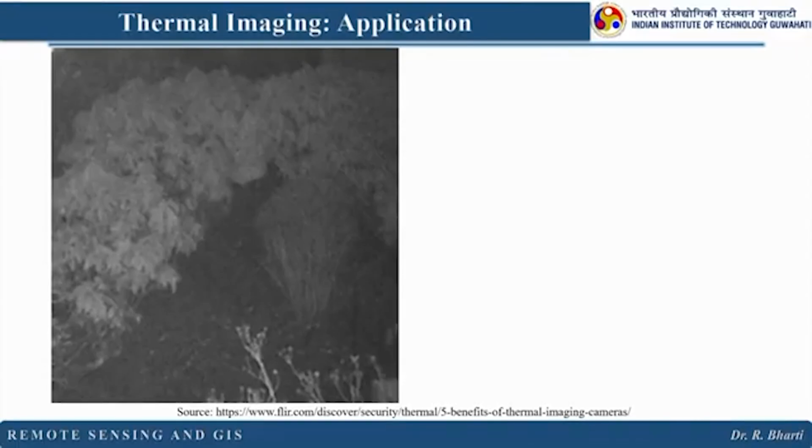This is the first example. This is a normal photograph in the visible range taken in the evening or maybe late night. You can see there are a few trees, some shrubs, and grasses. This is visible, right? But can you find anything here? No. Something has been camouflaged. Why? Because we don't have night vision, and this visible imagery is nothing but what we see.